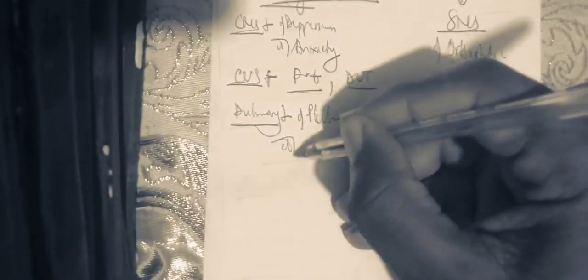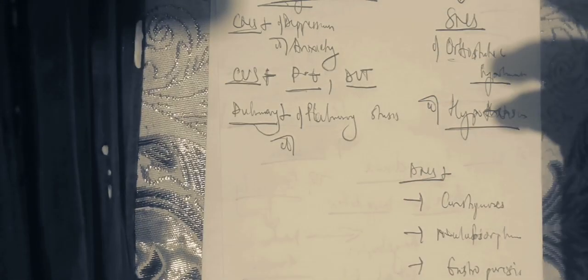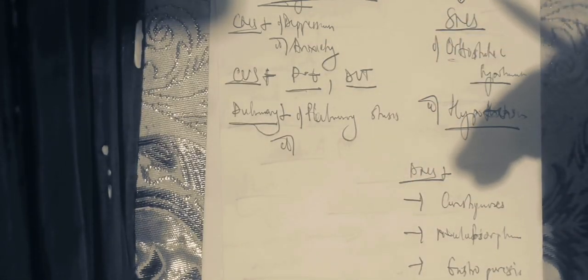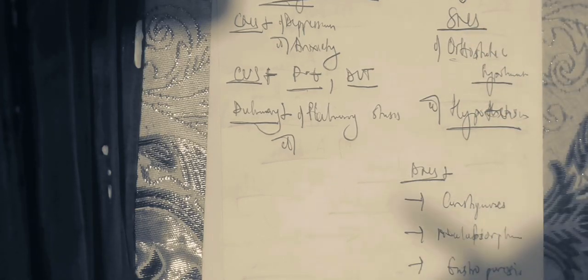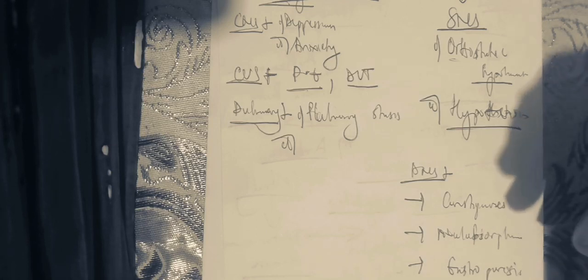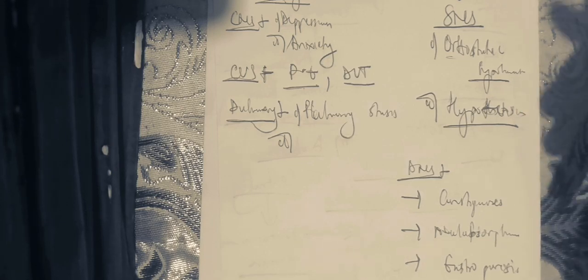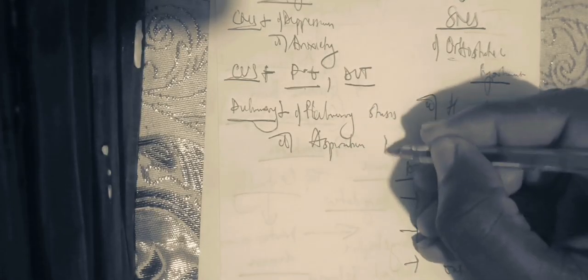Now, if you have a problem in swallowing, particularly in the case of amyotrophic lateral sclerosis, or a neuropathy involving the nerves for swallowing, which are the cranial nerves, you are going to have what is called aspiration pneumonia.